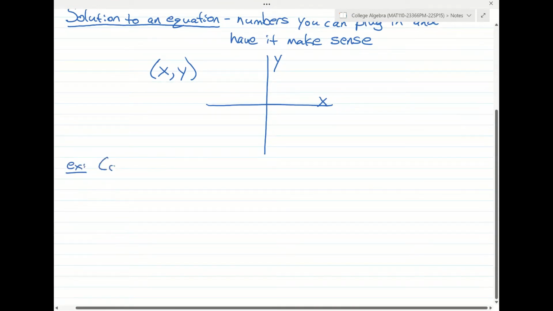What I'd like to do first is let's complete the ordered pairs for 3x minus 4y is equal to 12.